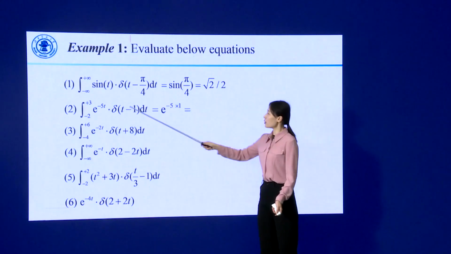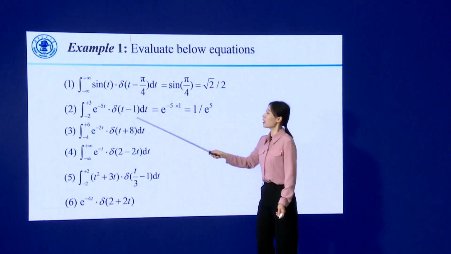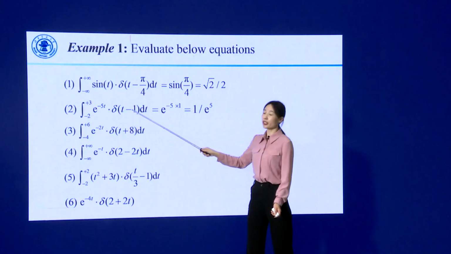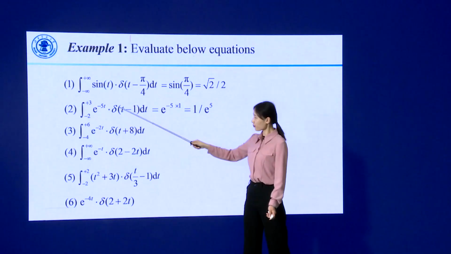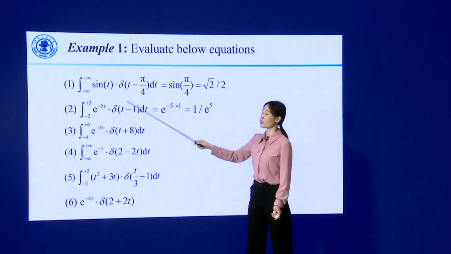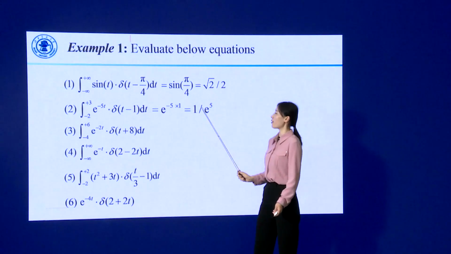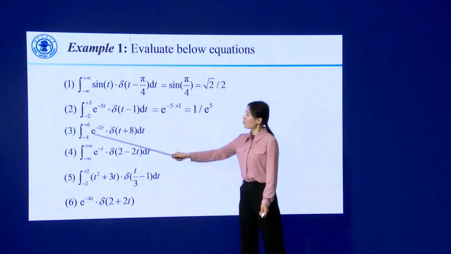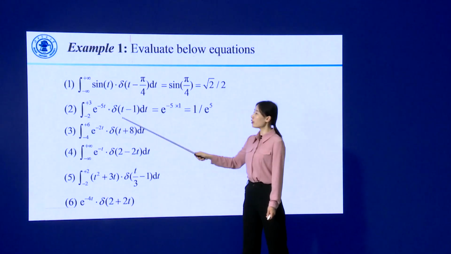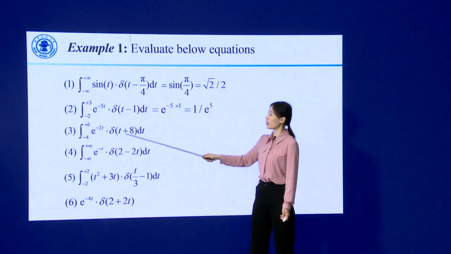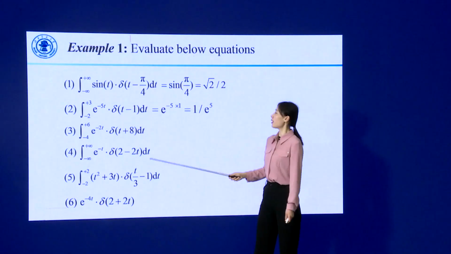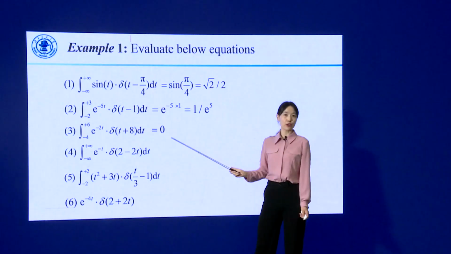Thus, for this one, we should test if the integration interval includes t equals to 1, and this integration interval includes this point. Thus, we can get the final result. For this equation, the integration interval does not include the point when t is equal to minus 8. Thus, the final result is equal to 0.